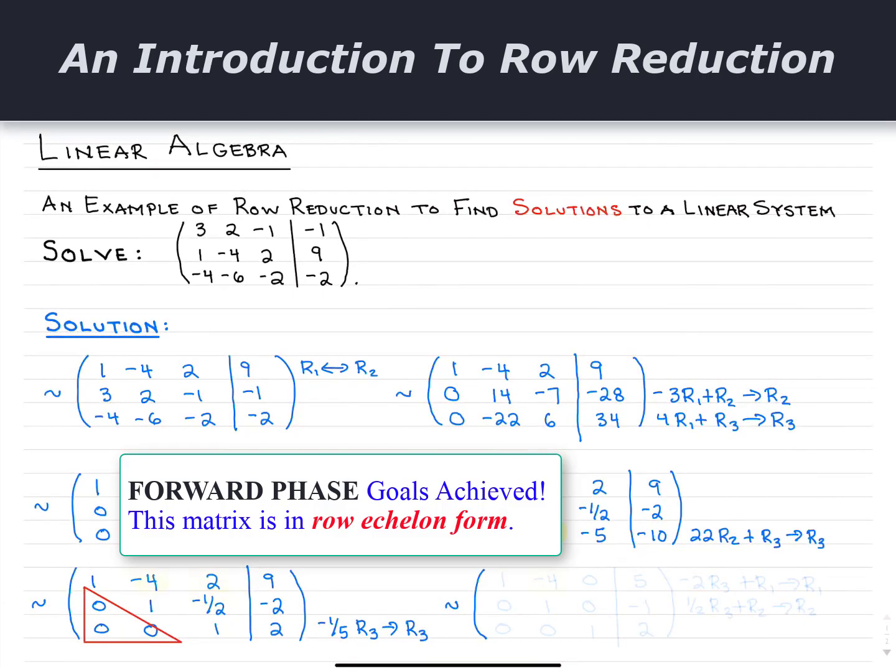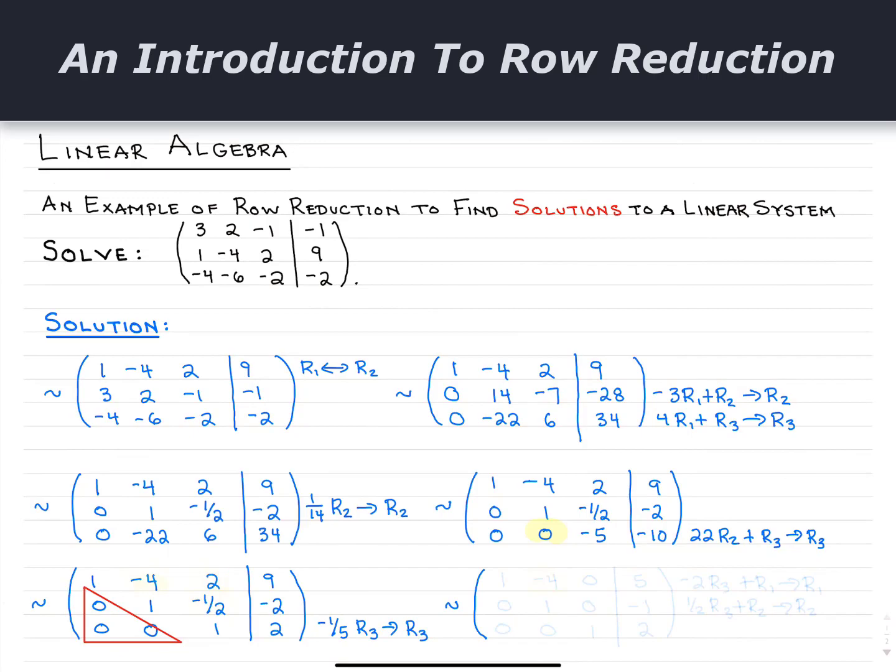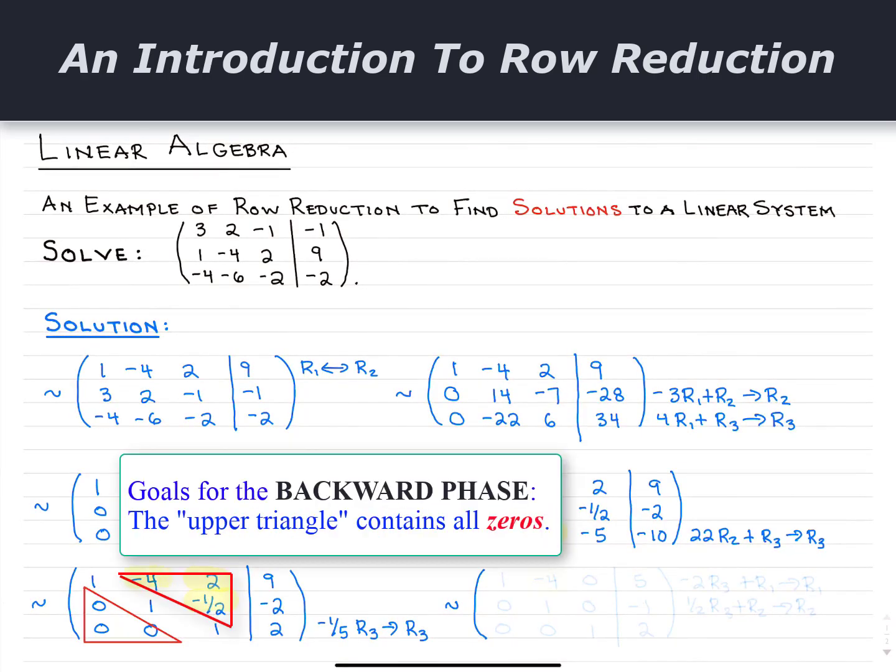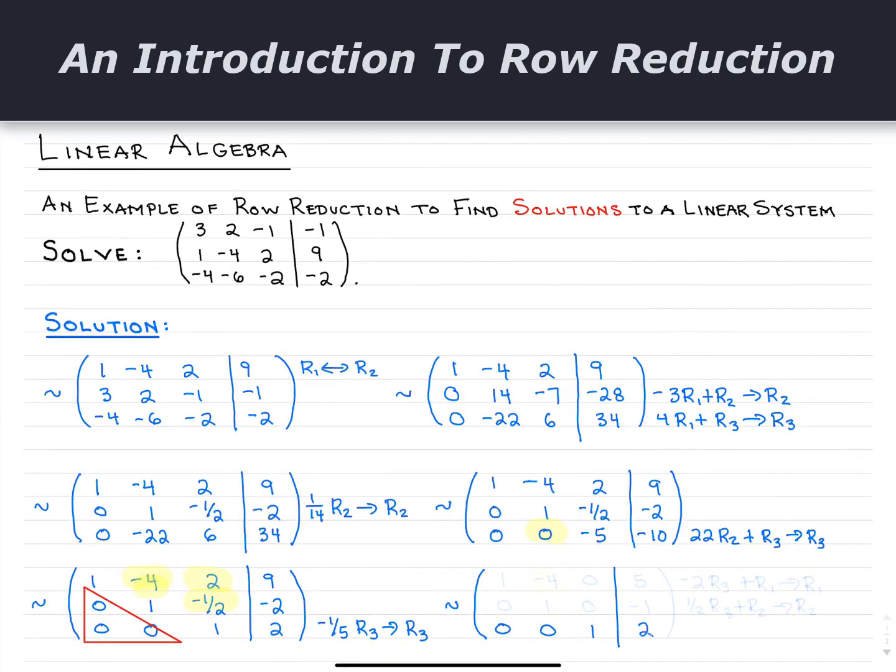So now what we want to do, on the reverse phase, is to make those numbers zeros. And again, on the reverse phase, we use the lower rows to alter or place zeros in the higher rows. So here we'll do 1/2 row 3 plus row 2.